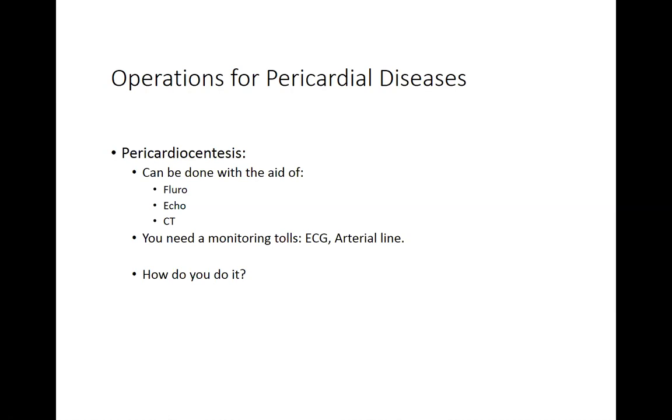And you go with negative pressure till you see blood, and you see your needle in the cavity, and you watch the monitor for any arrhythmia, because if you induce arrhythmia, most likely your needle is touching the heart.